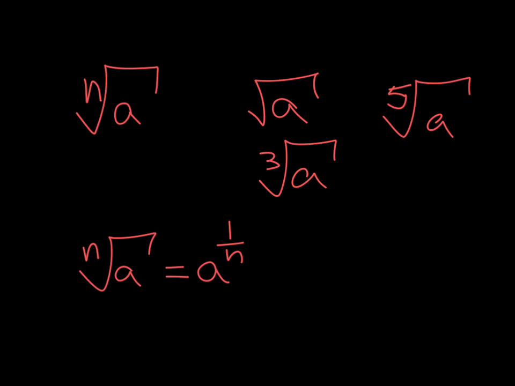Why do you need to be in one place or the other? Because it might help you simplify. So maybe you have to be able to go back and forth. Maybe it helps, maybe it doesn't. So then here's an expanded form of that. The nth root of a to the mth power is a to the m over n.